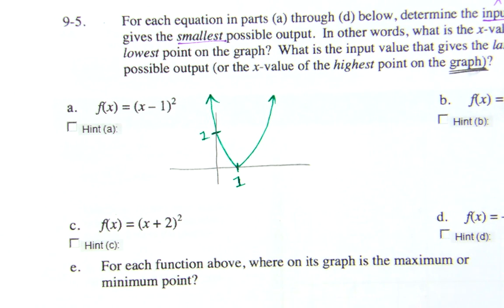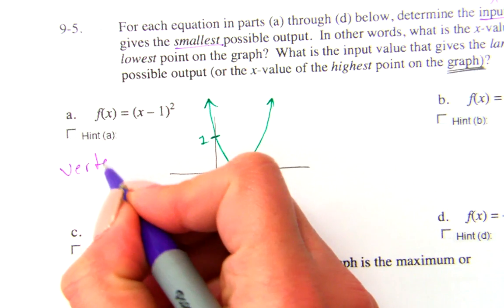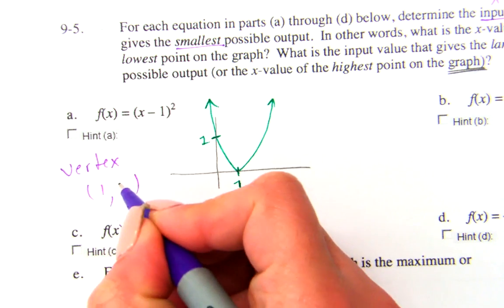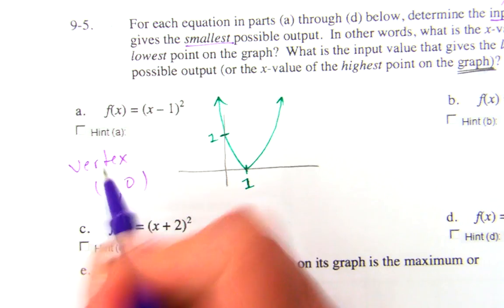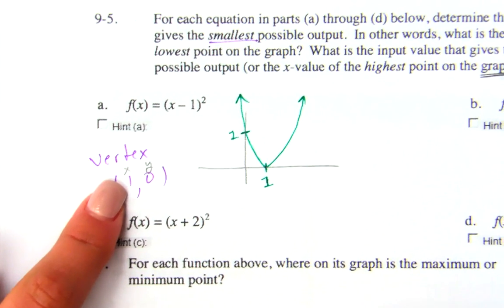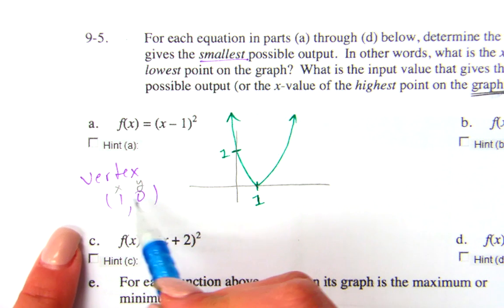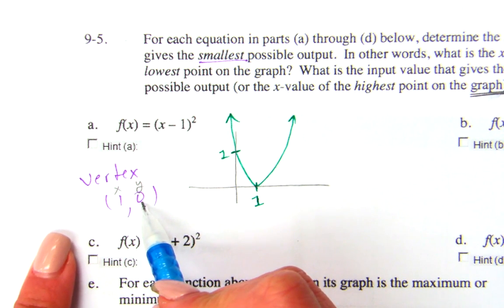The question is, what's the lowest point? Well, it turns out that the vertex in your parabola is either going to be your lowest point or your highest point. That's the min and the max. So technically the vertex is at (1, 0), which correspond to the x and the y. So the smallest number for x that we can plug in is a 1, which produces the smallest value for y that you can get, and in this case that would be a 0.